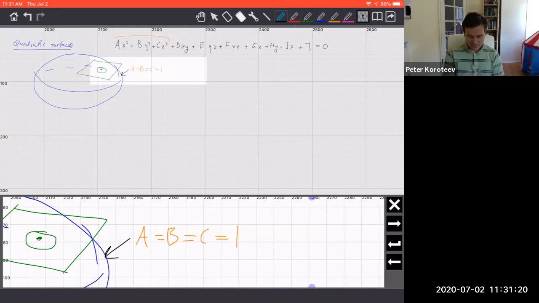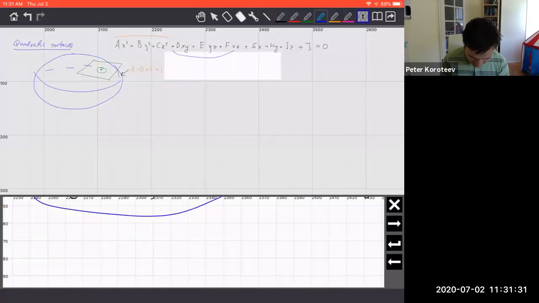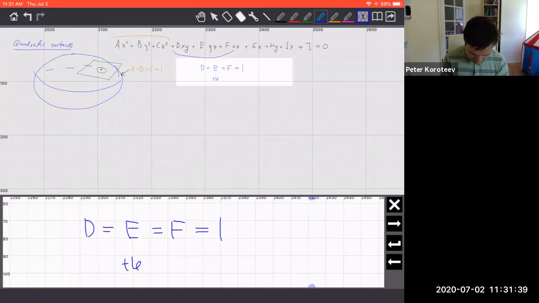So how about this? It's a little tricky question, but nevertheless, how about that? d equals e equals f equals 1, and the rest are 0. Which surface is that?